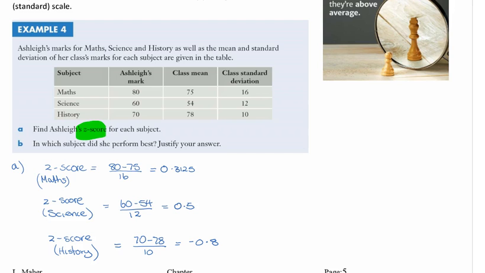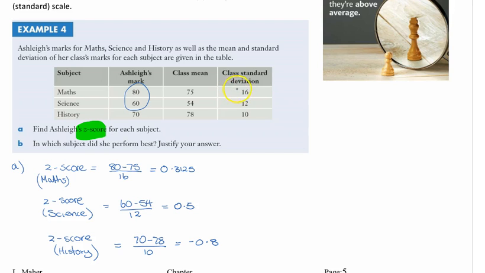And you might look at these two results and say, oh, clearly she did better in maths because she got an 80 compared to only 60. But what we're not considering with that 80 is, how did everybody else go? We don't know that. We don't have that information. So all we can do is compare her result to the average and take into consideration the standard deviation.